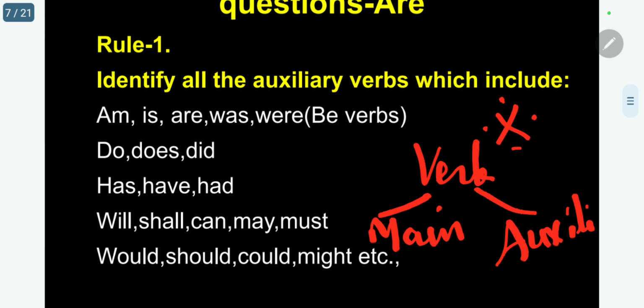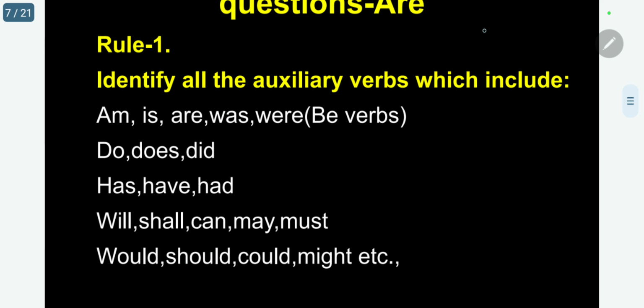Auxiliary verbs are only five types. Once you identify those, all the remaining verbs are main verbs. Please follow. Here, as I already informed you, number one, number two, number three, number four, number five. These are the types of verbs.